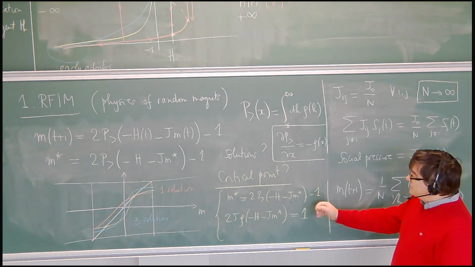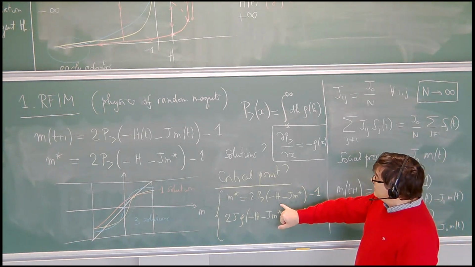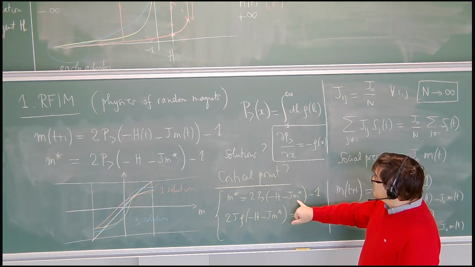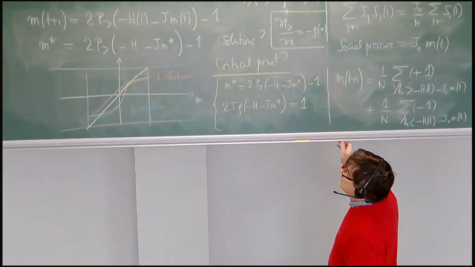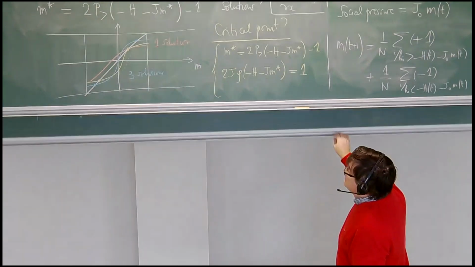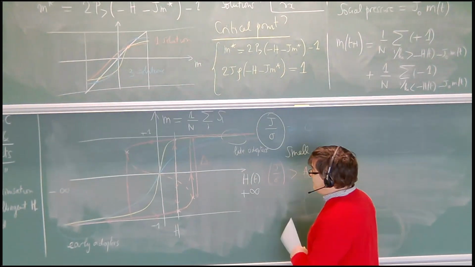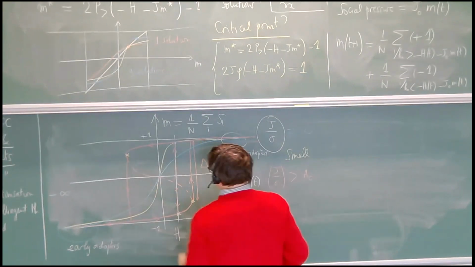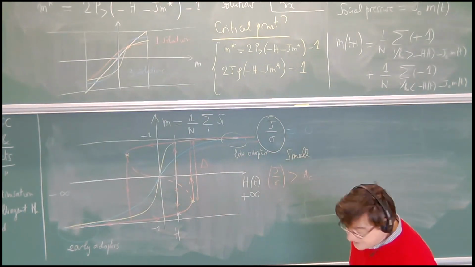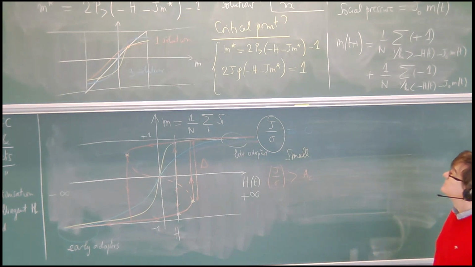So these two equations, seen as determining h and m star for a given j, determine these 2 points. These 2 points here are determined by the last point where 3 solutions exist.